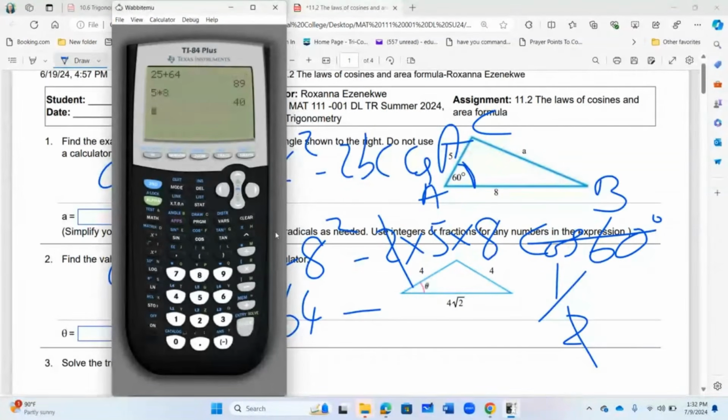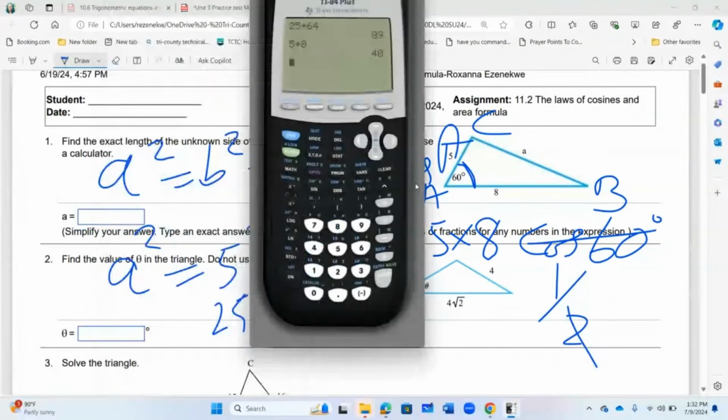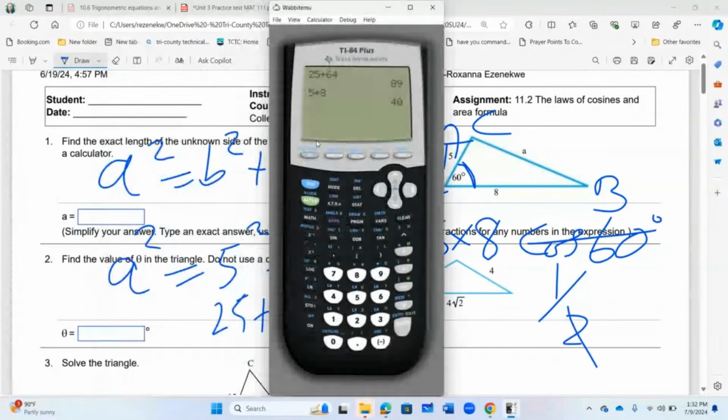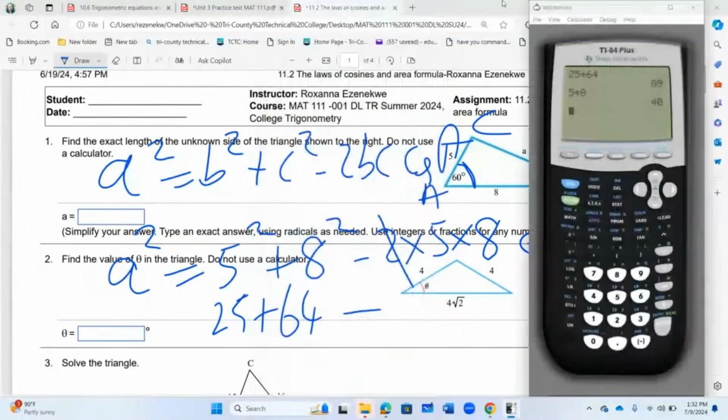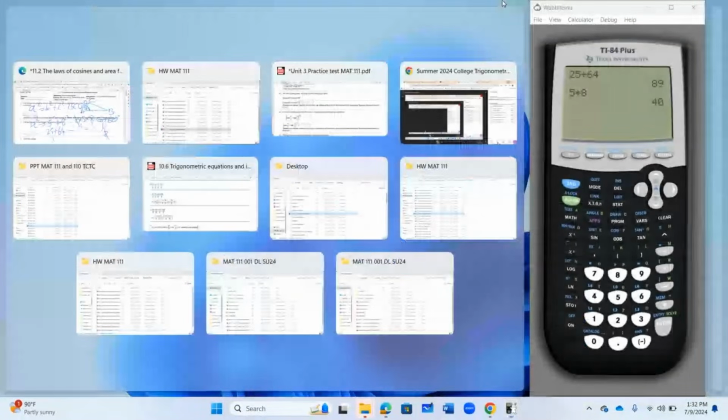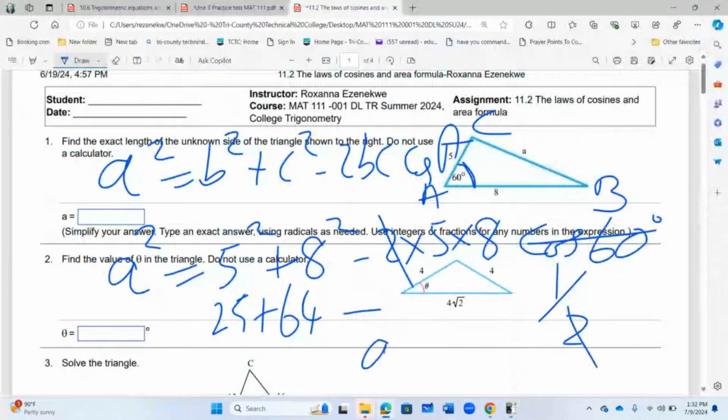And then I have 49. So A squared is equal to 49. If A squared is equal to 40, I have to find the square root. Therefore, A is equal to the square root of 40.